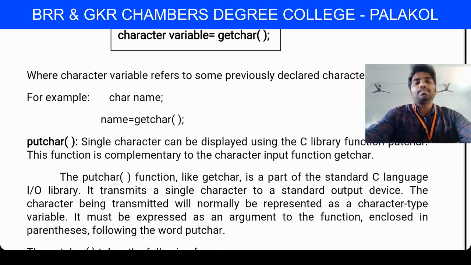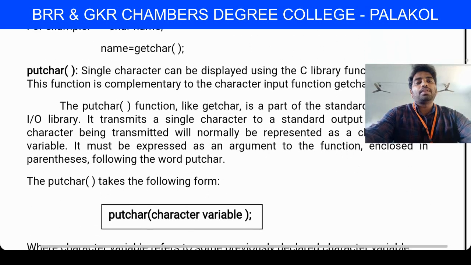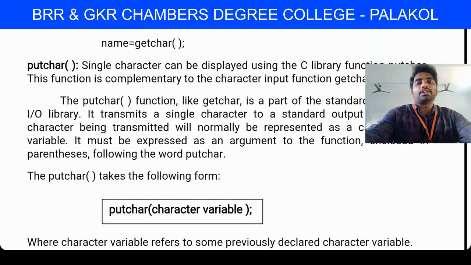This is the simple meaning: put means print, char means character. To print or display a character, you use the function putchar. That is the simple example and syntax formation: putchar, open parenthesis, character variable, closed parenthesis, semicolon. This is the putchar syntax formation.